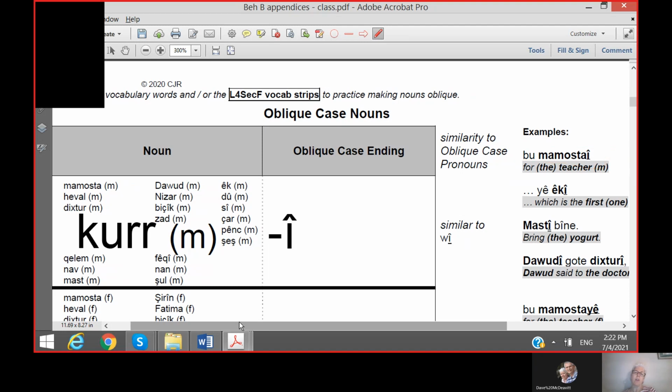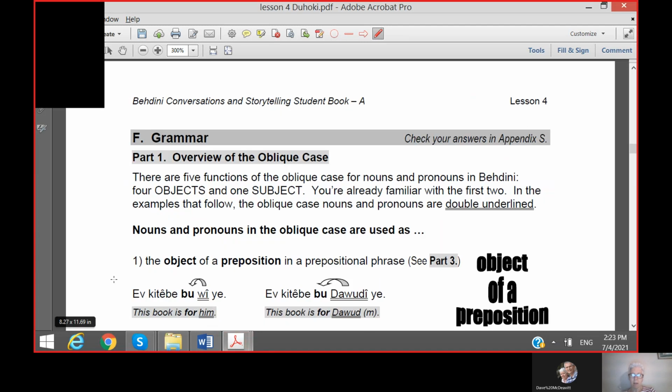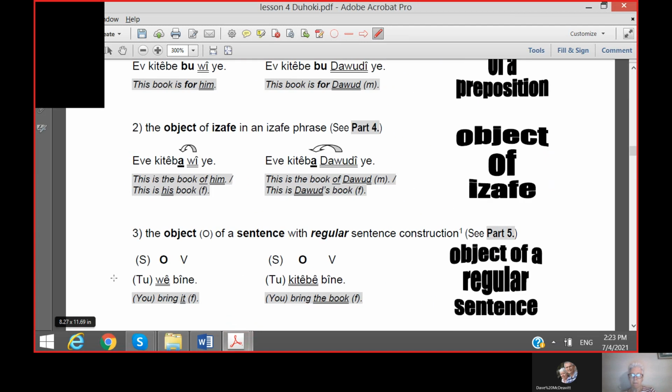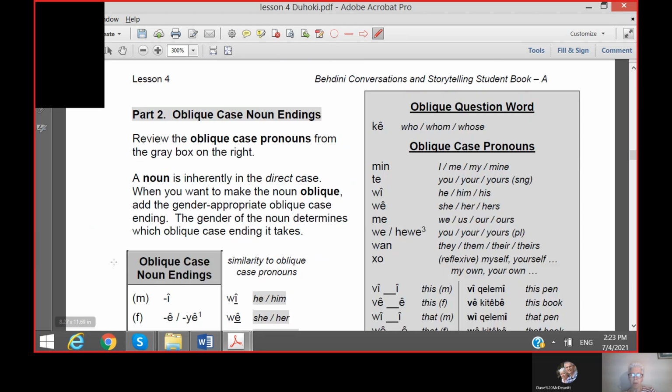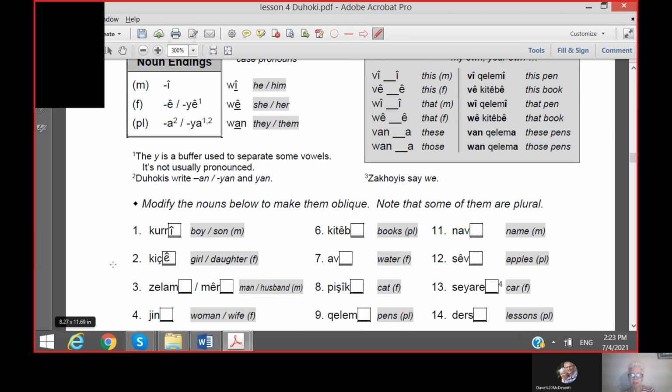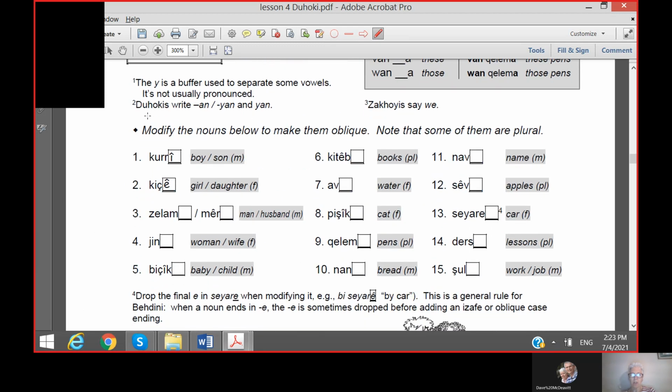So at this point, I'd like you to pause the video, take your time, work with this chart, and practice the numbers 1 through 15 on page 76, right here. Practice using these words.